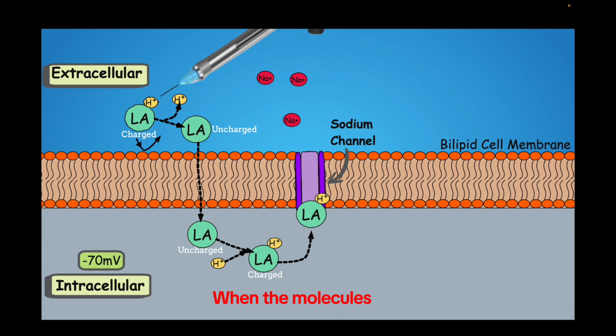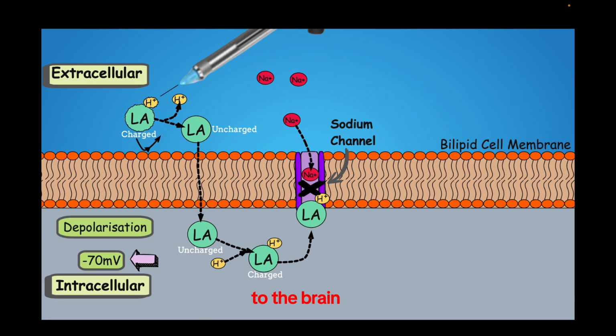When the molecules bind to these sites, they cause a conformational change in the sodium channel protein, which prevents the sodium ions from entering the nerve, which in turn prevents the depolarization of the nerve cell membrane, which is necessary for the propagation of an action potential. Without the influx of sodium ions, the action potential cannot occur, and thus the nerve cannot transmit pain signals to the brain. So depolarization does not occur.